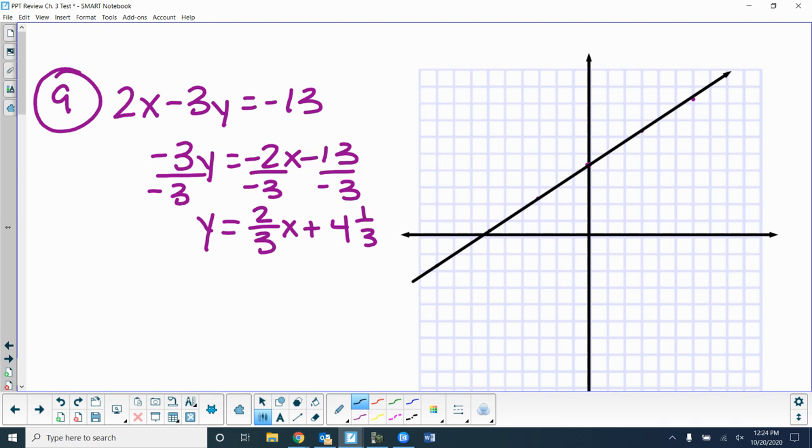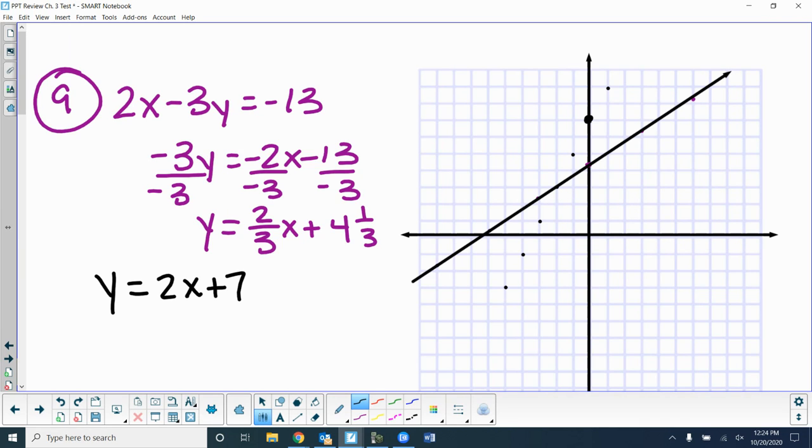The other one already had y by itself. y equals 2x plus 7. So I go up to 7. 4, 5, 6, 7. And then my slope is 2 over 1. So down 2 and over 1.